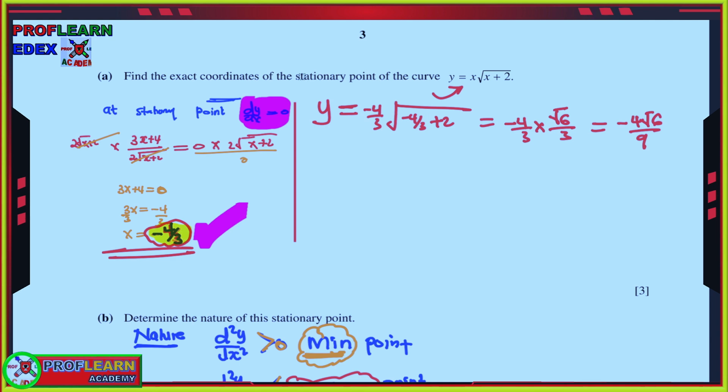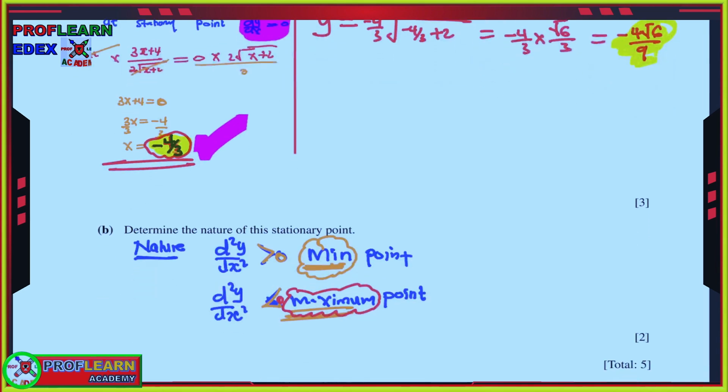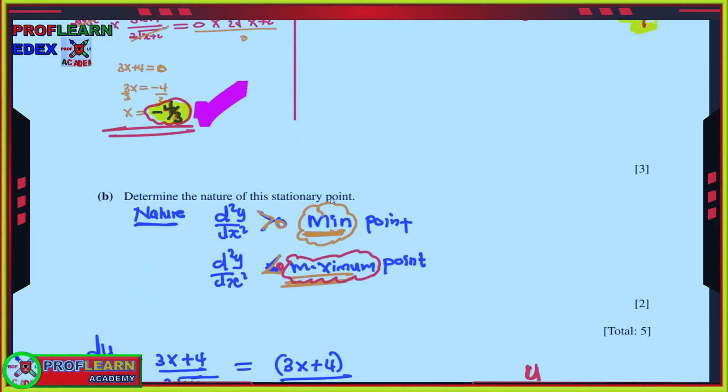Then since I'm asked for the coordinate, I need the y coordinate, so I substituted into the original equation that we have here, and my answer translated to -4√6/9.